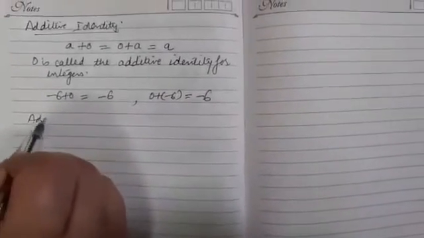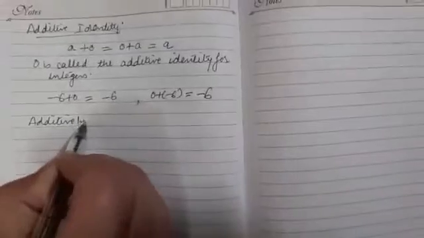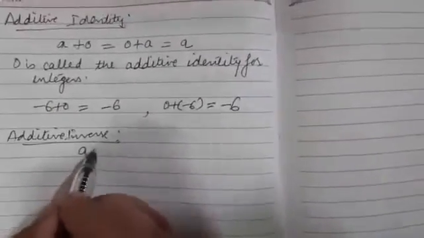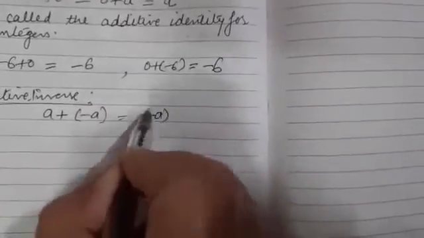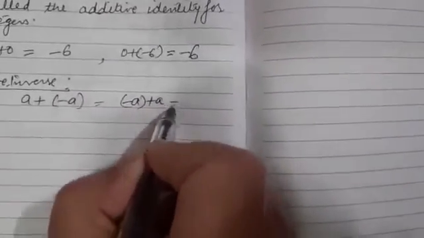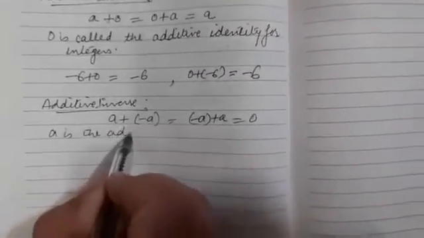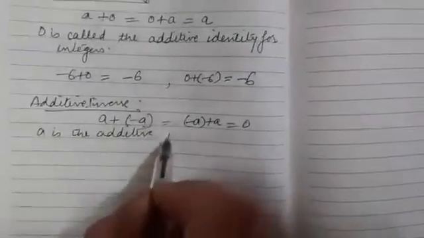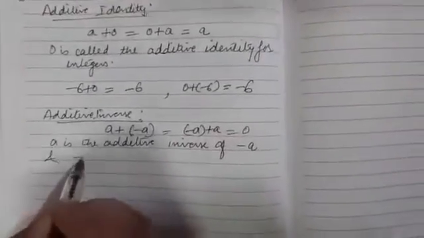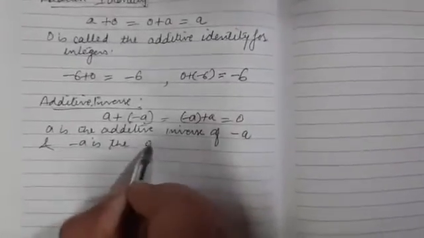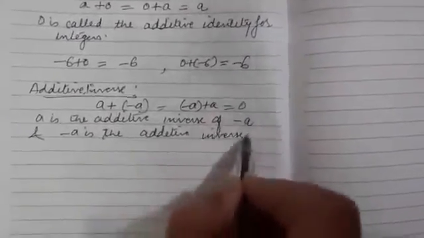Next is the additive inverse. For any integer a, if a plus negative a equals negative a plus a, which is equal to 0, we can say a is the additive inverse of -a, and -a is the additive inverse of a.